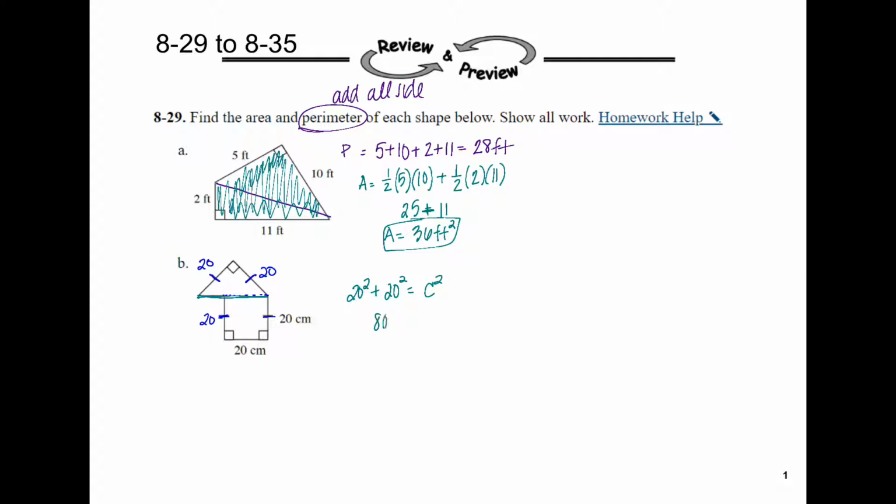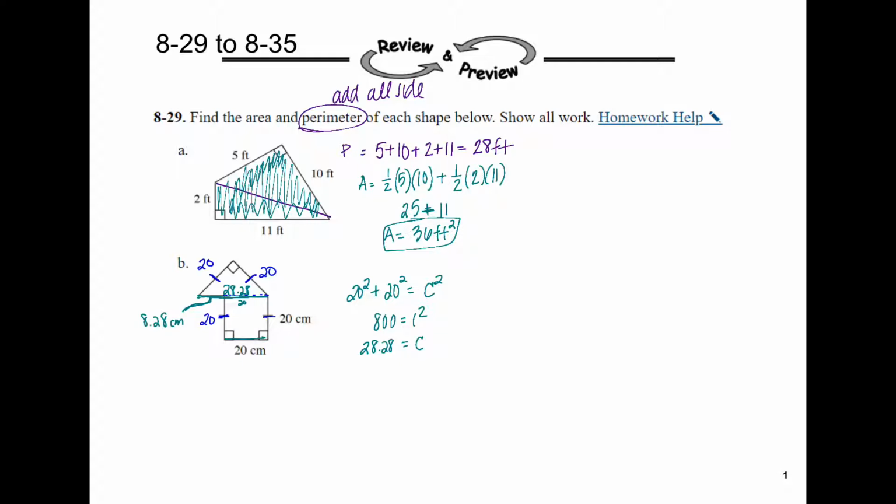So 800 equals c squared. C is equal to 28.28. I know if this side of my square is 20, this piece has to also be 20. So this right here, when we subtract, is approximately 8.28 centimeters.